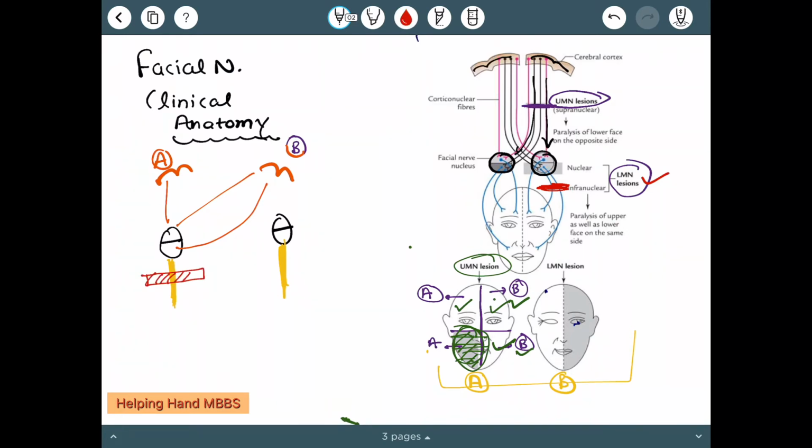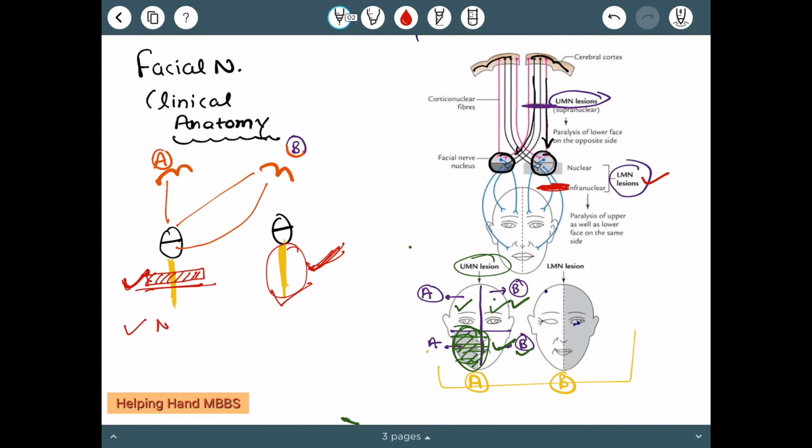what do you think? Is there any relation with the opposite nucleus? If I cut this part of the nerve, will the opposite side be affected? No, because the nerve is still okay and there is no problem here. And let us see now that if we cut this part of nerve, this side is affected definitely.